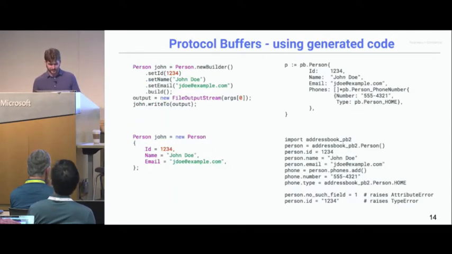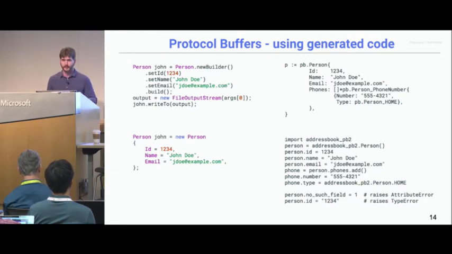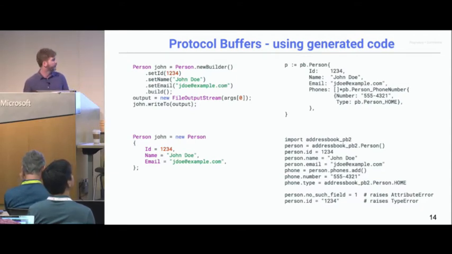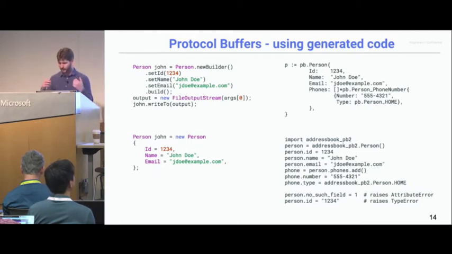And language agnostic because there's implementations of Proto provided by Google for just about any language you can imagine wanting to work with. Here's a subset of them. See if you can pick out which is which. But this is a tiny subset of all the languages that Proto will work with. And this means you can take a message from a C++ server, pass it to a Java server, pass it to a front end, and it'll be the same message definition all the way through.